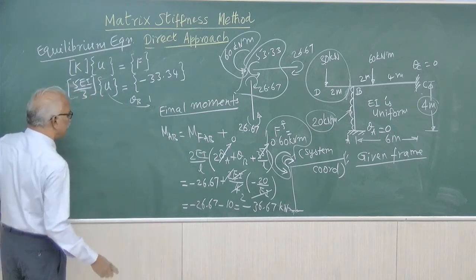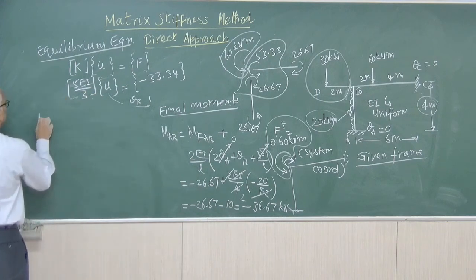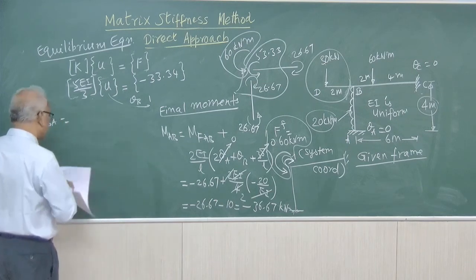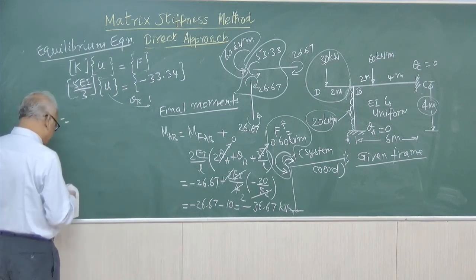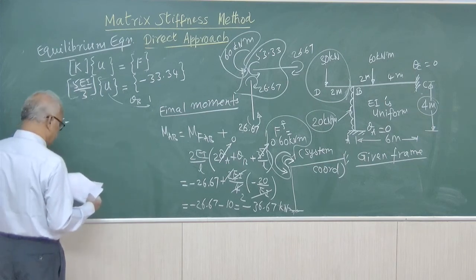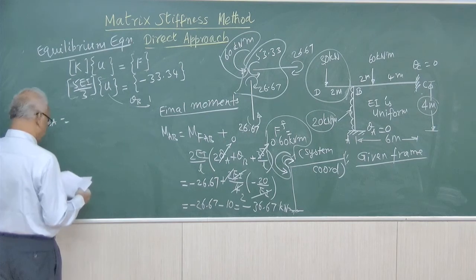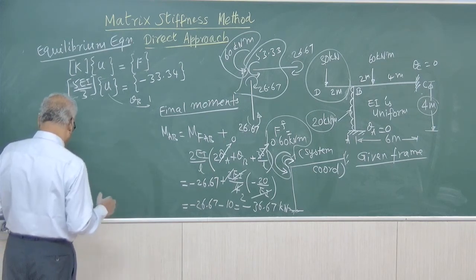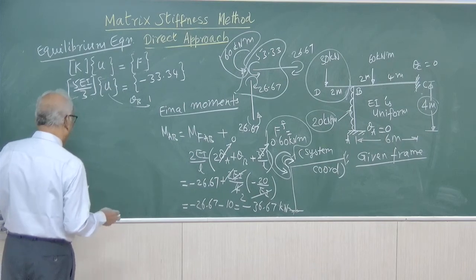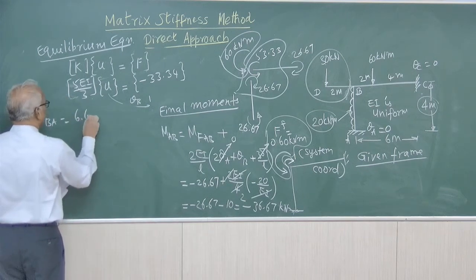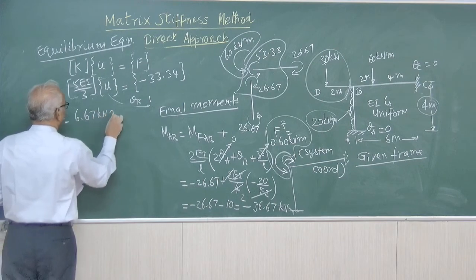Similarly, for MBA I will straight away give you the values, because you have to write down the same type of slope deflection equation and substitute the values. The only unknown is theta B, which we have got as minus 20 by EI. With the fixed end moment, we substitute the value corresponding to theta B. So this value equals 6.67 kilonewton meter.